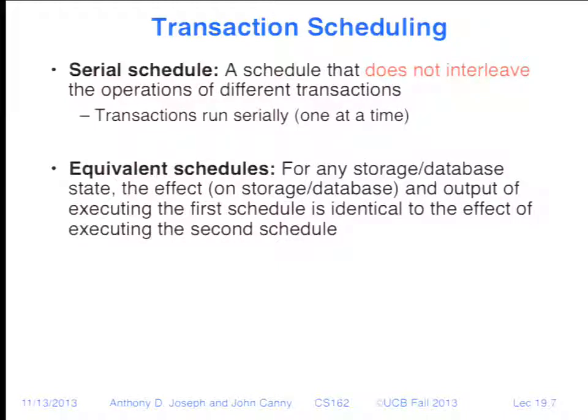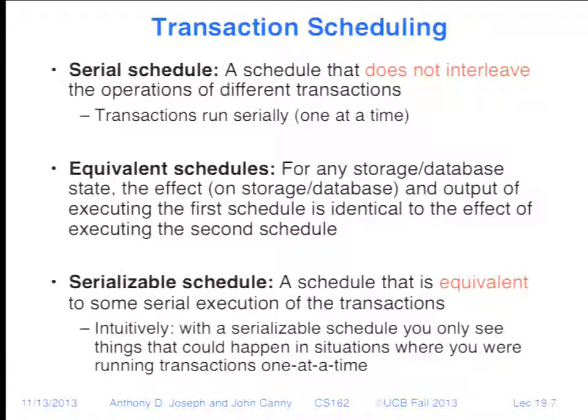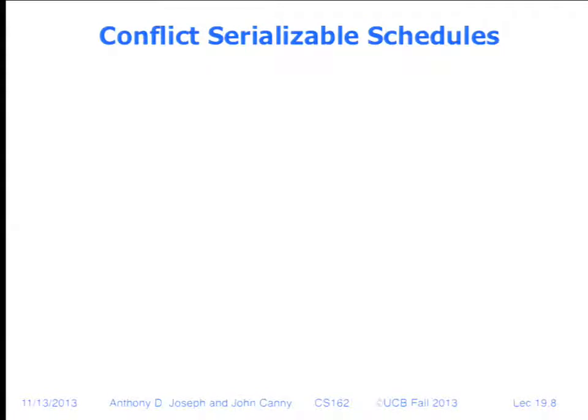Equivalent schedules are different orderings of reads and writes that produce the same outcome as some other ordering. In particular, we're usually interested in serializable schedules, which produce the same output as a serial schedule. The equivalence here means that whatever the state of the database before all the operations happened, it's going to be the same state afterwards with the two different styles of schedule. That should be fairly intuitive from last time.